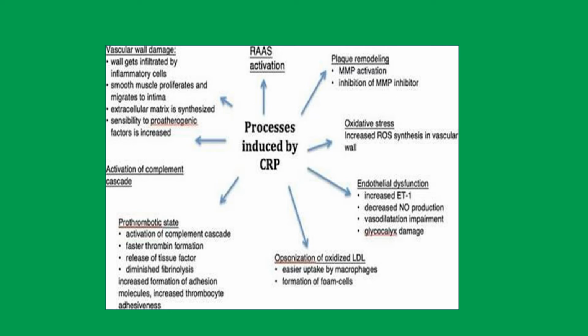For these reasons, your CRP is also a good cardiac biomarker, especially with its involvement in endothelial dysfunction, plaque remodeling, and vascular wall damage. So currently, we have the so-called high sensitivity CRP, which can detect myocardial damage.